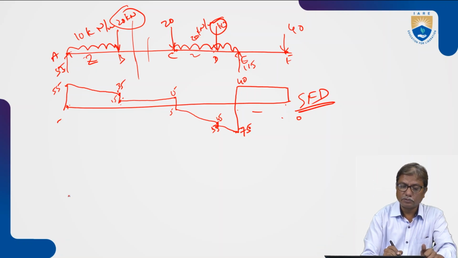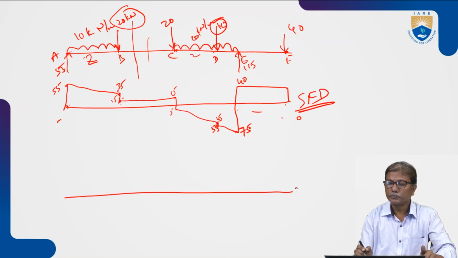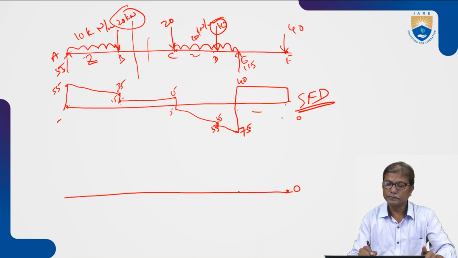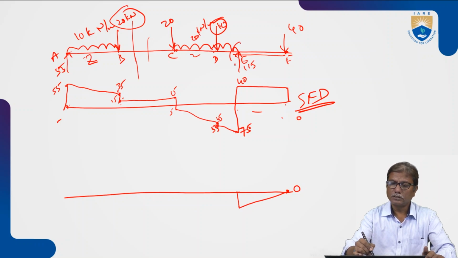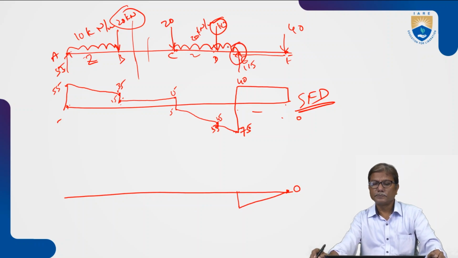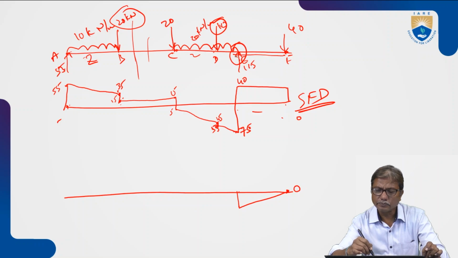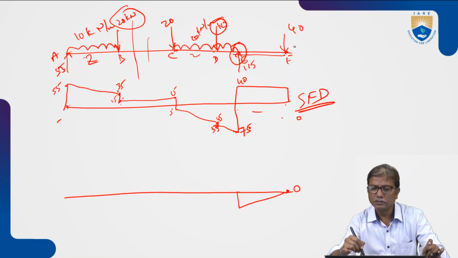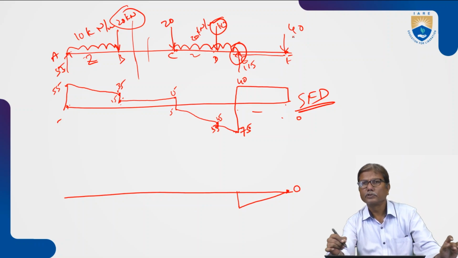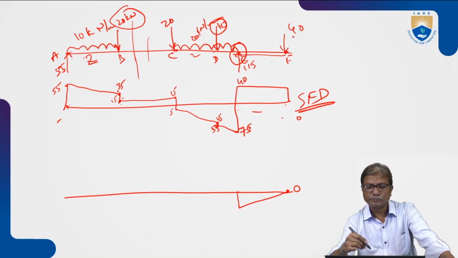Similarly, you can draw the bending moment diagram. So bending moment is 0 at F and at E, 40 into this distance 20, 80. And what you need to remember, at overhanging end, the bending moment will be negative, because it will be hogging.